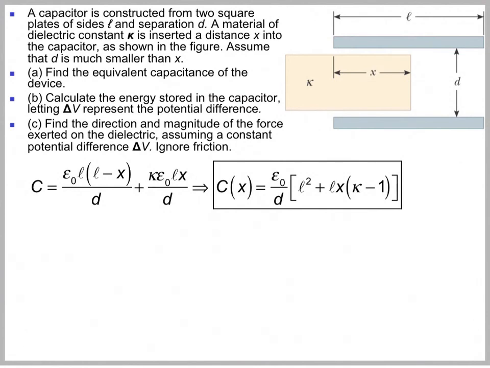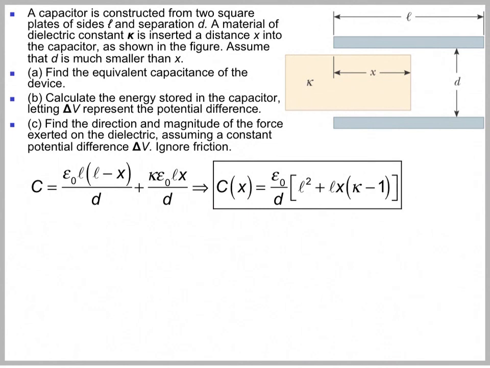Well, first, the capacitance we can get just like we did in the last problem. We figure out the capacitance of each side. If this distance here is x, this distance here is L minus x.